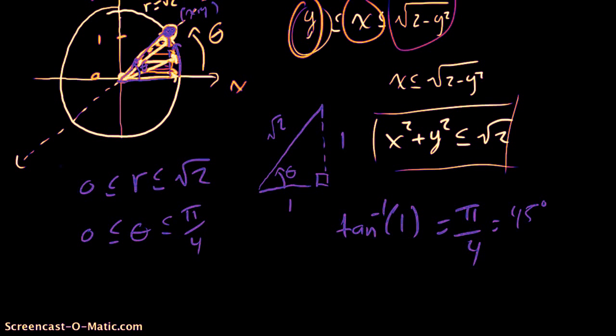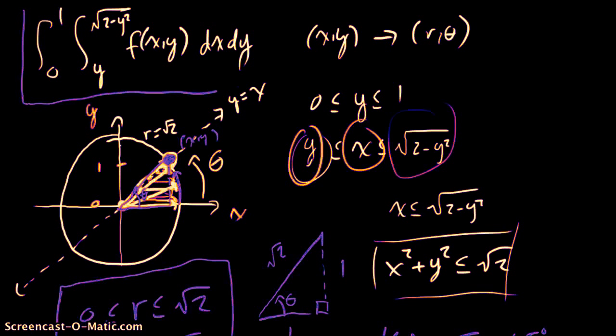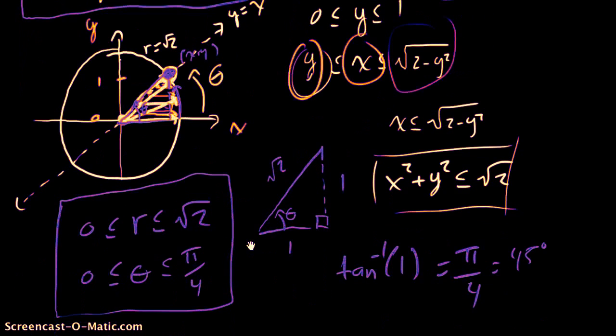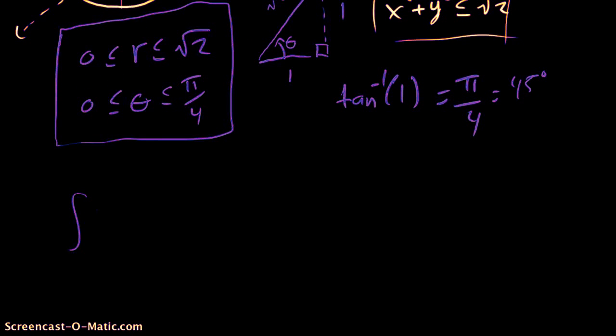So now we have all of the information to describe this integral up here, and we can convert it into that form. So how do we do that? Well, first we have to take our knowledge of these two identities, and we need to put them in for x and y.